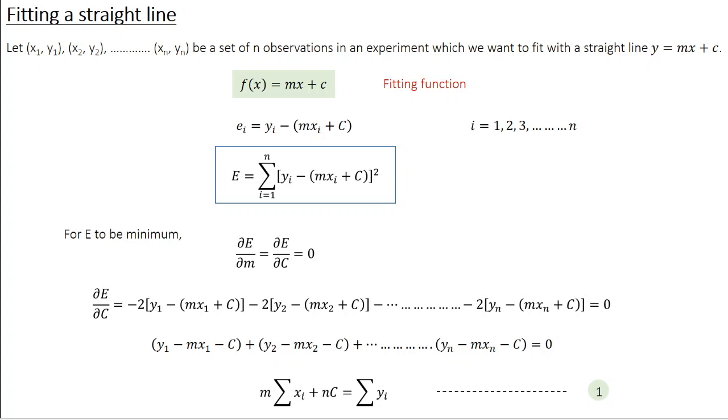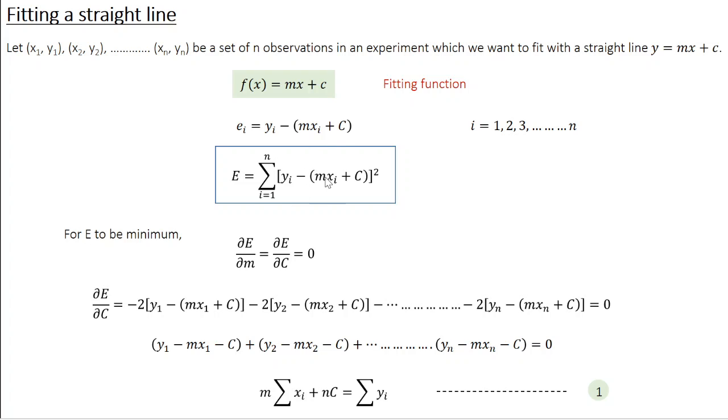Now remember, for the best fit, E is minimum. So when a function is minimum, the derivative is going to be 0. So the derivative of E with respect to m should be 0. Similarly, the derivative of E with respect to c should be 0. So let's first calculate ∂E/∂c.